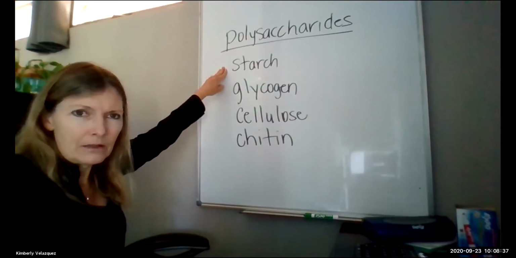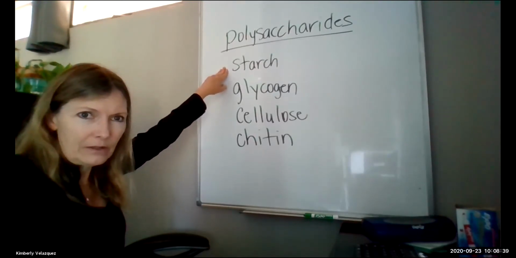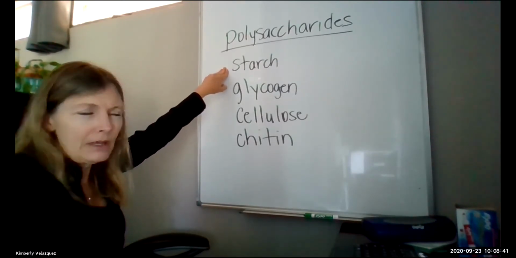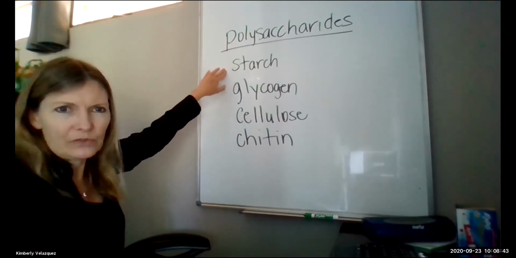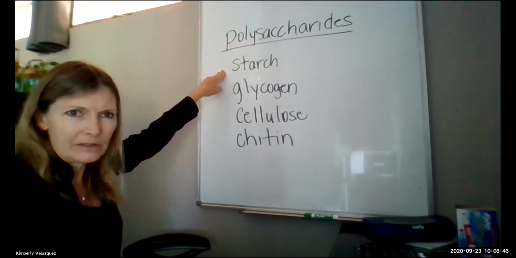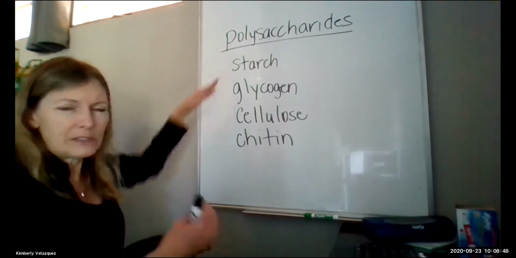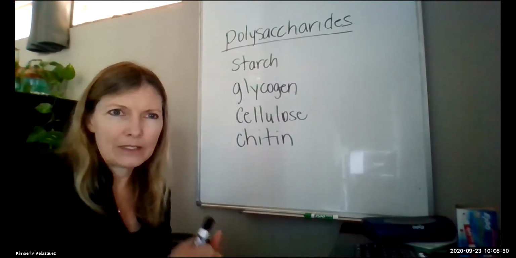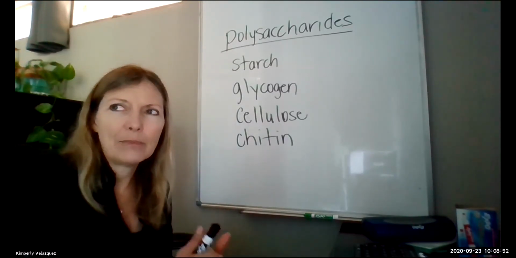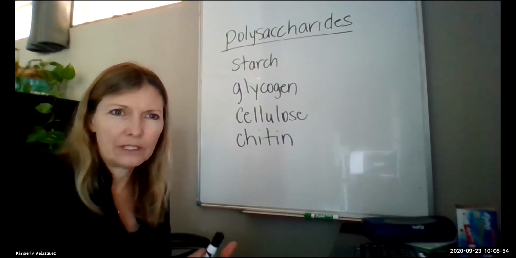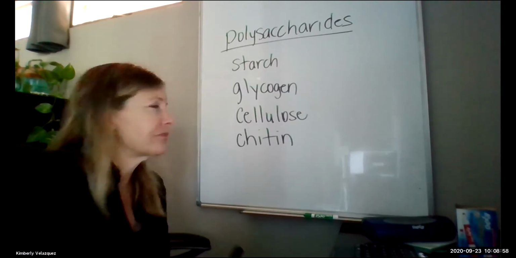Okay. Starch is how plants store their sugar. This is the long-term storage form of sugars for plants. So whenever we eat starch, we are eating a plant product, and that plant has stored sugar in the form of starch. It's a long chain of glucose.